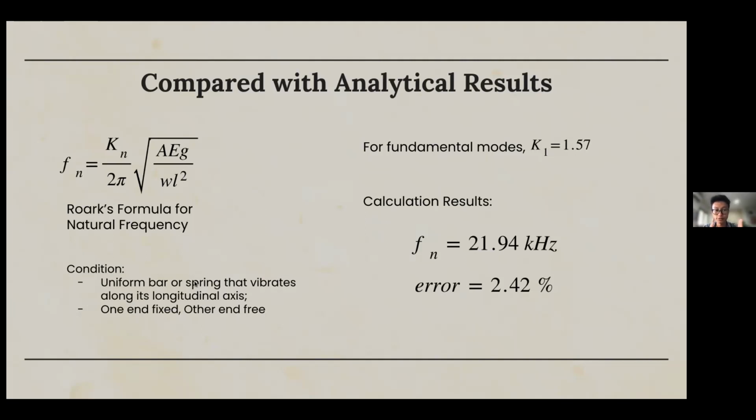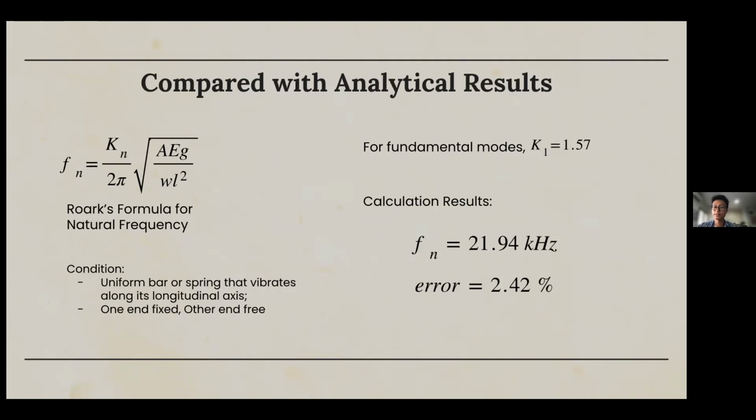The condition for this equation is that the uniform bar and spring has to vibrate along the longitudinal axis, and one end is fixed, the other end is free. So to satisfy the second condition, the calculations used half the length of the cavity, where the middle of the cavity is the fixed section of this model.